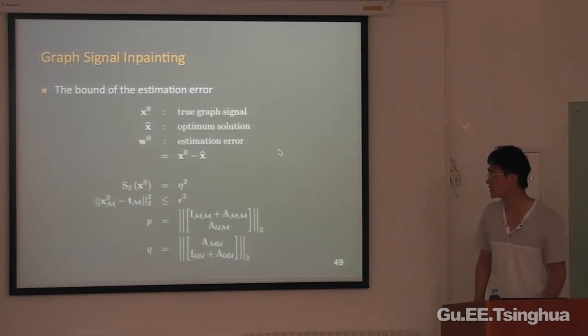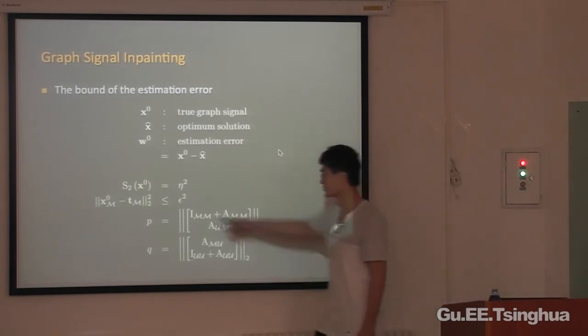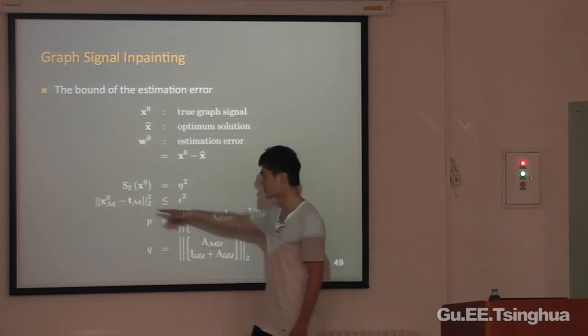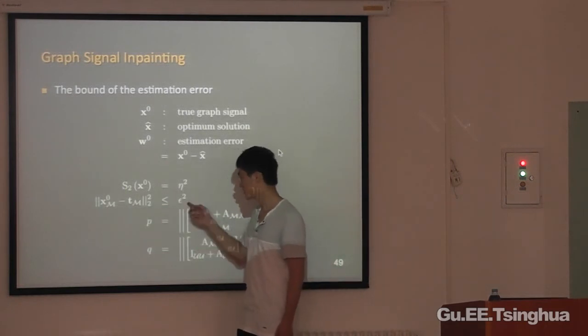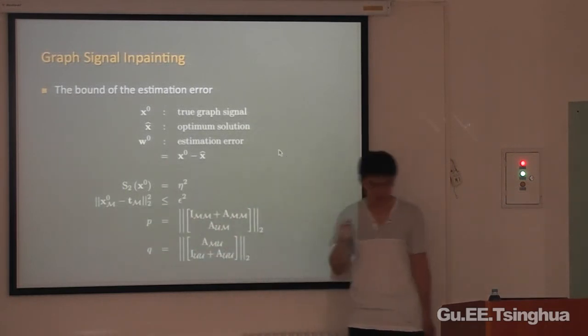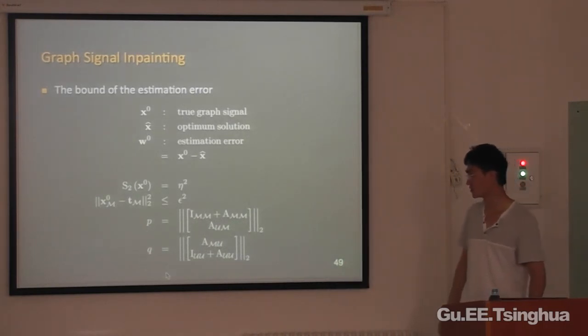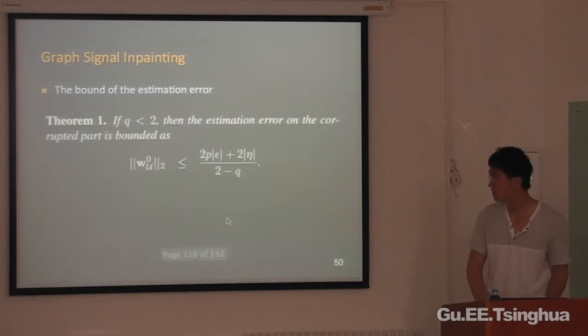And let's assume the smoothness is n squared, and the difference between the measurements and the true graph signal on the measured part is bounded by something. And also P and Q are the spectral norm of some matrices. Then we can get this theorem.